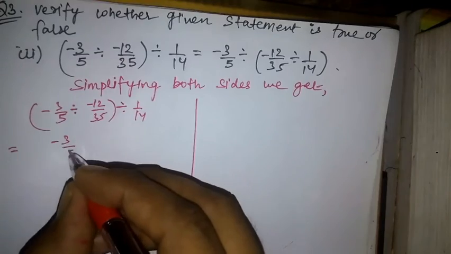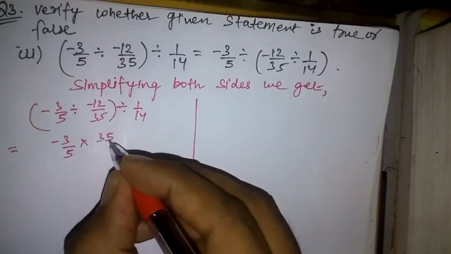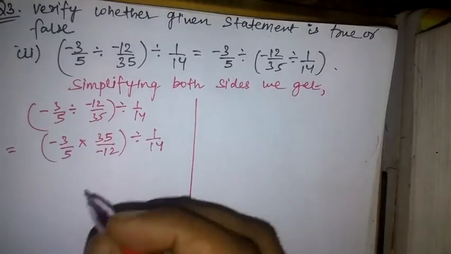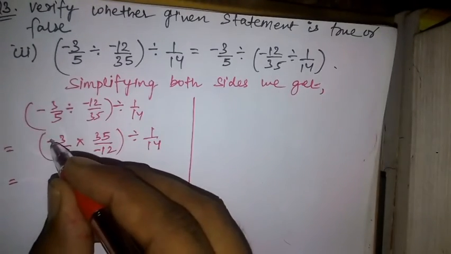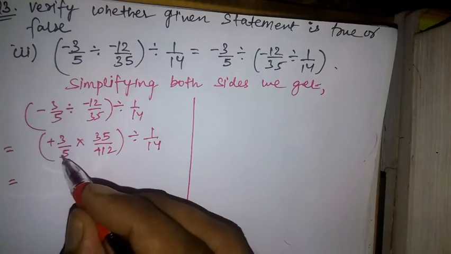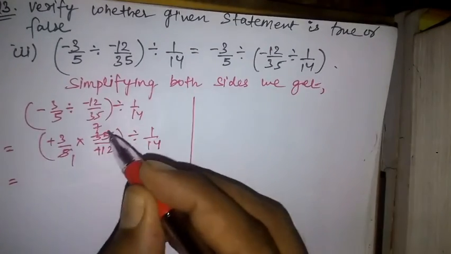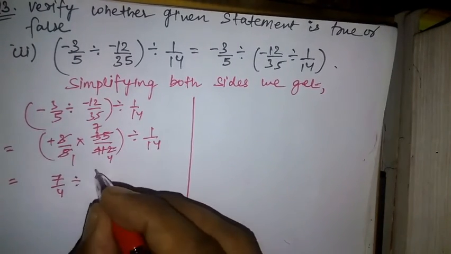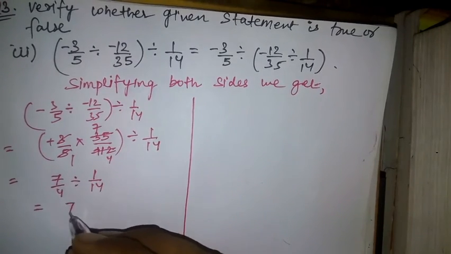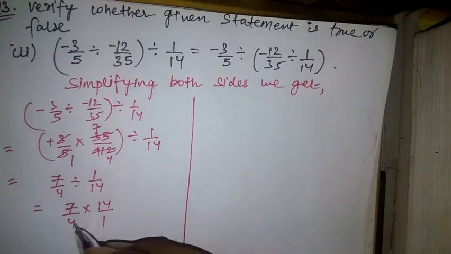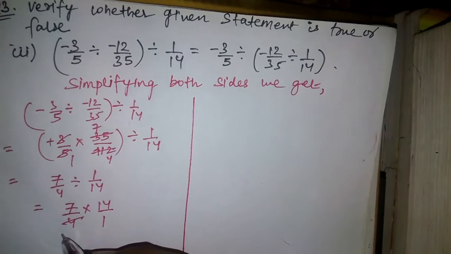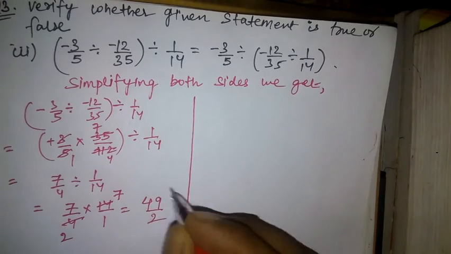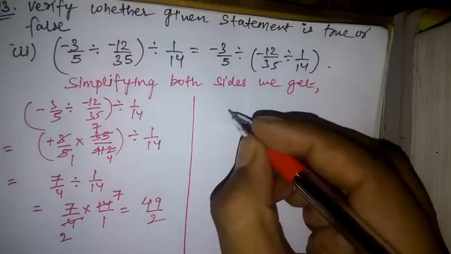So minus 3 by 5 into 35 upon minus 12 divided by 1 upon 14. Cancelling it, 7 upon 4 divided by 1 upon 14. 7 upon 4 into 14 upon 1. Cancelling it by 2, 2, 7, 49 by 2. So in LHS we get 49 by 2.